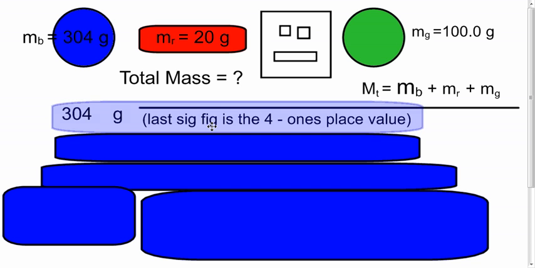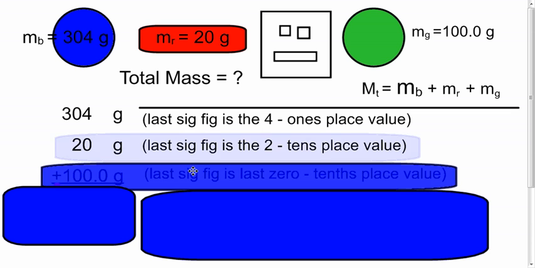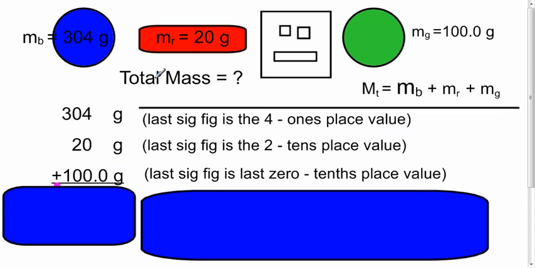So I'm going to add them up. I need to keep track of the place values where the sig figs end. This one ends in the ones place value. This one ends in the tens. And this one ends in the tenths.